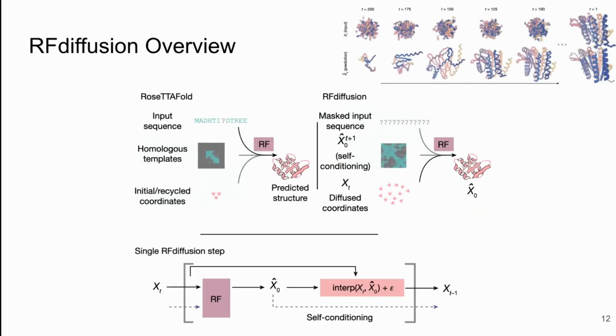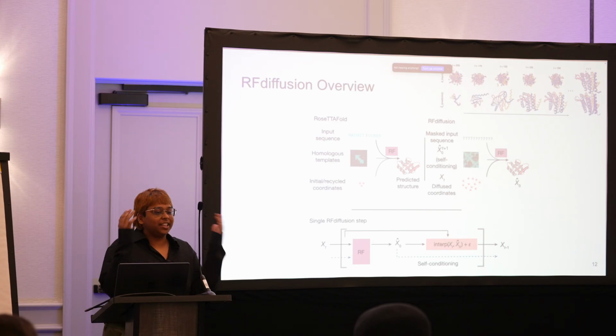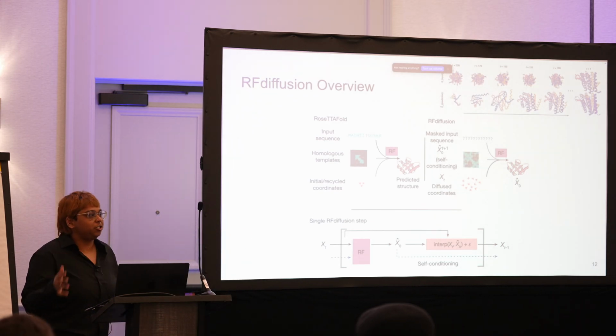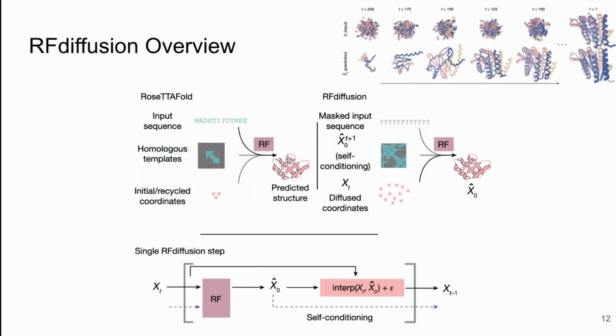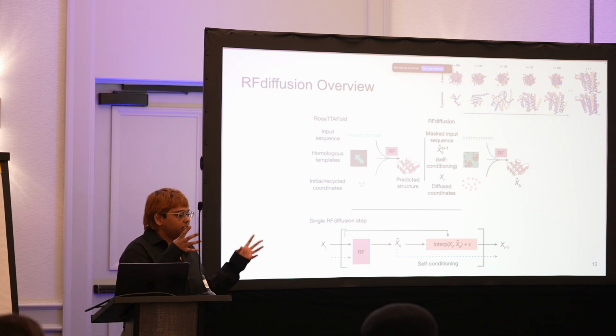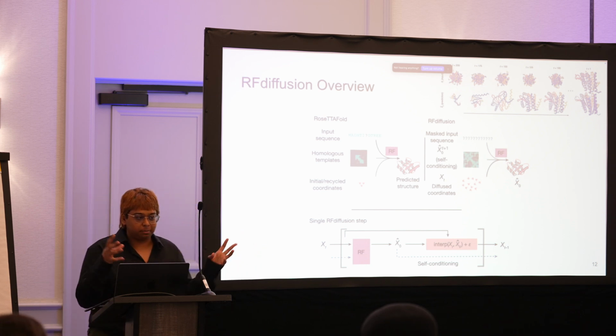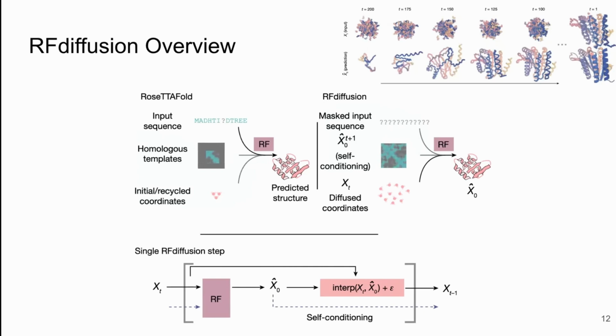It goes through Rosetta fold, and I like to imagine this as if you have a noise distribution, it's like you have this giant chunk of clay. And Rosetta fold here is an expert sculptor, and it's telling you how to guide your hands. So RFDiffusion is pushing the clay into something that the expert sculptor says, okay, make this change, make that change.